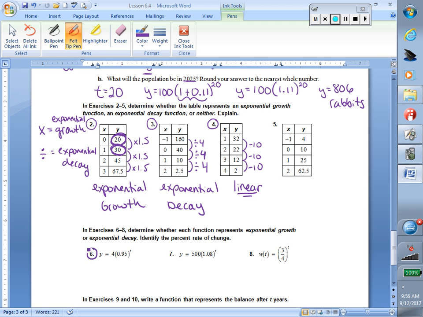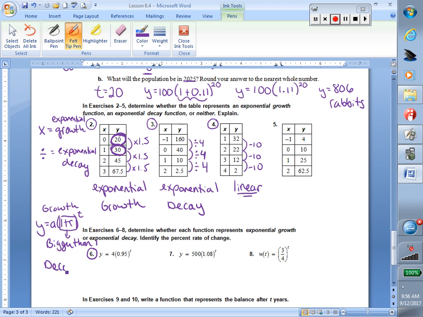So if we take a look at number 6, if you are growing, that means we added in those parentheses, the number in the parentheses will be bigger than 1. So this was growth.